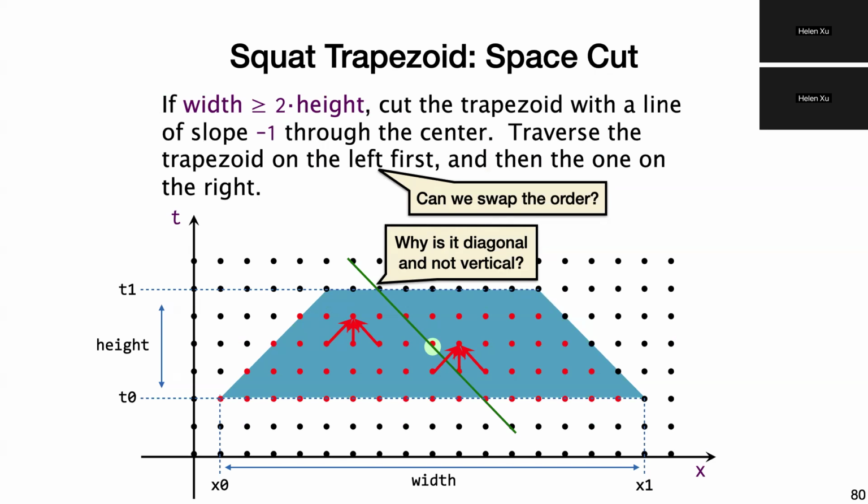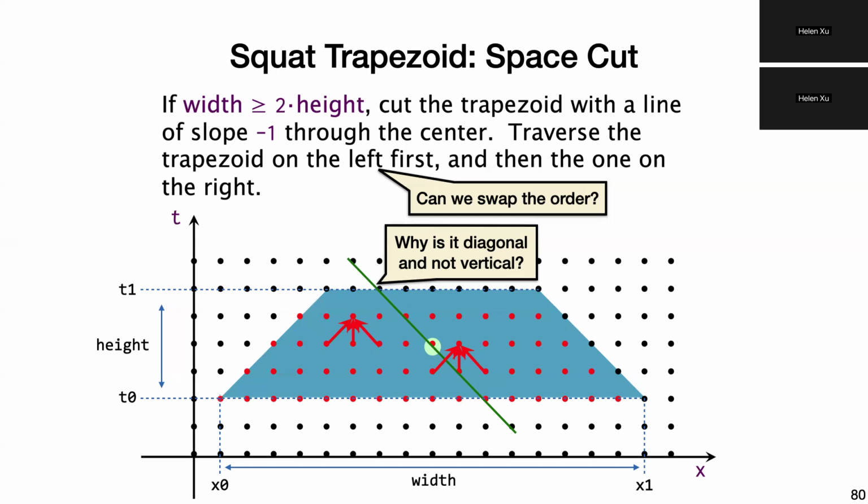So if the width is at least twice the height, then we cut the trapezoid with a line of slope -1 this way through the center. Then we compute the one on the left first, and then we compute the one on the right. There's a question: can we swap the order of these? Do we need to compute the one on the left first?